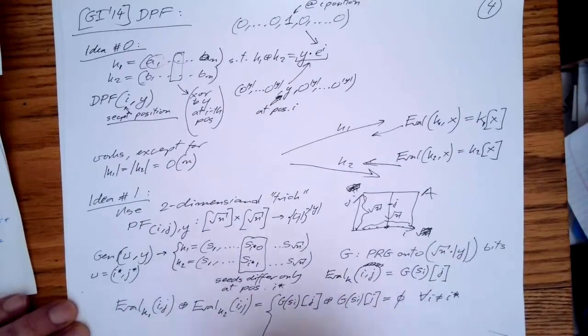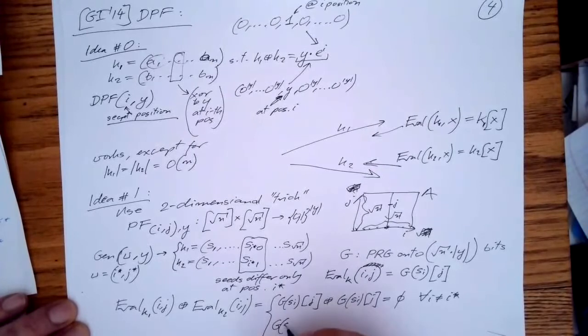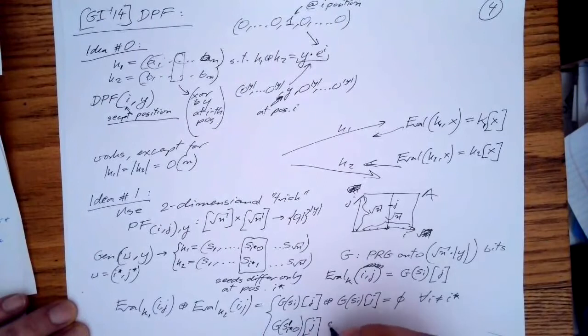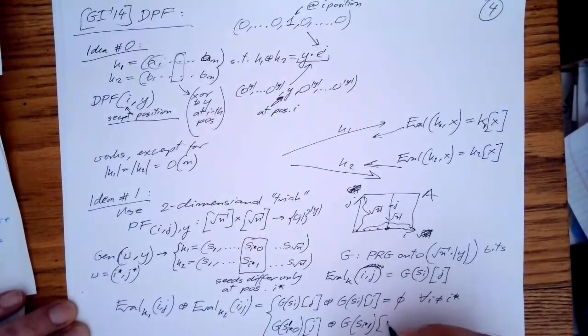And what about for I star? Well, then this will be G of S I star 0 at the jth location and G of S I star 1 at the jth location.